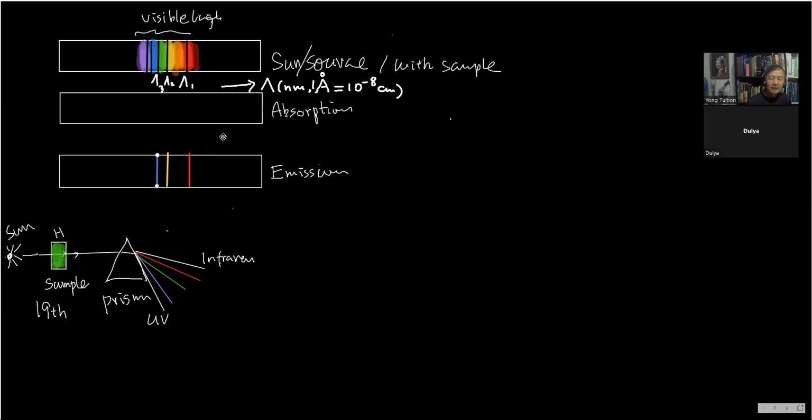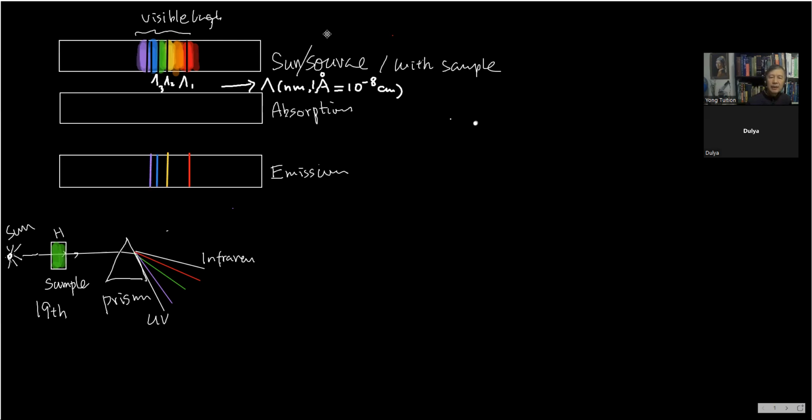However, the others are just black. Can you see these emission and absorption have the same structure, if we use the hydrogen atom? They have the same structure.